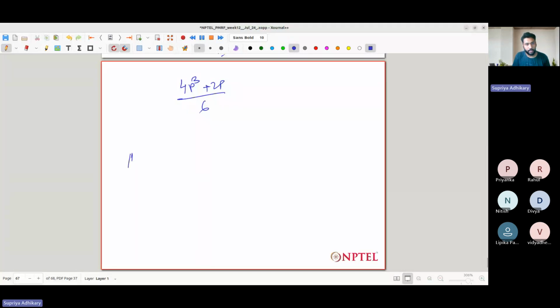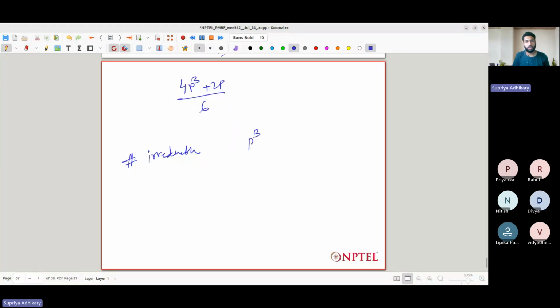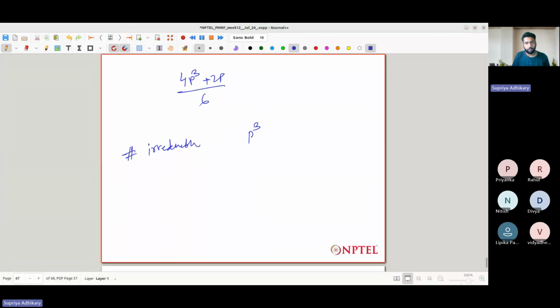Now if we want to find the total number of irreducible polynomials, that should be the total number of cubic polynomials, which we have already found to be p cube, minus this 4p cube plus 2p over 6, and that will give us p cube minus p over 3, and that is p cube minus p over 3.